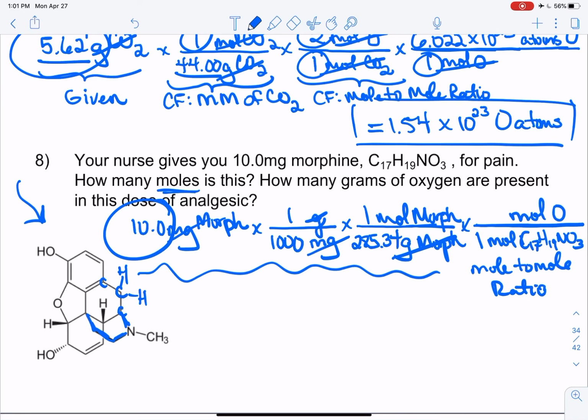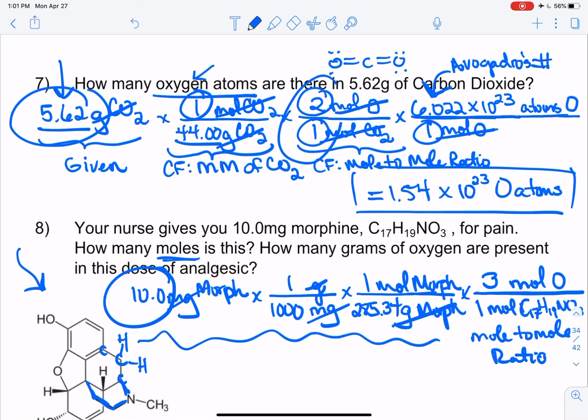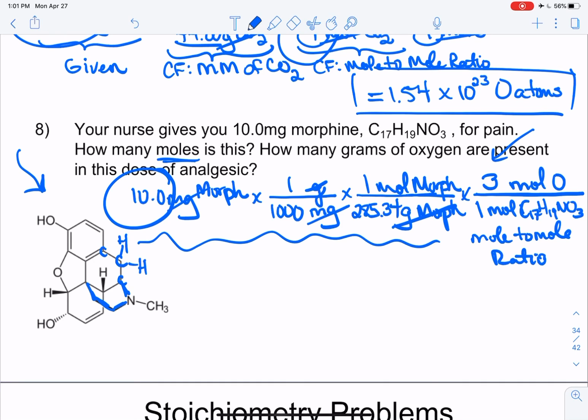Now, if moles bothers you, again, cover it up and ask yourself, if I've got 1 molecule of morphine, all I've got is that C17H19NO3, how many oxygens do I have? Cover up those moles and ask yourself, if I've got 1 molecule of morphine, how many oxygens? You've got 3. So you can see here that the mole to mole ratio is not always going to be 1-to-1 like it was in the previous slide. So in question number 7, we had a ratio of 2-to-1, and for this question we have a ratio of 3-to-1.